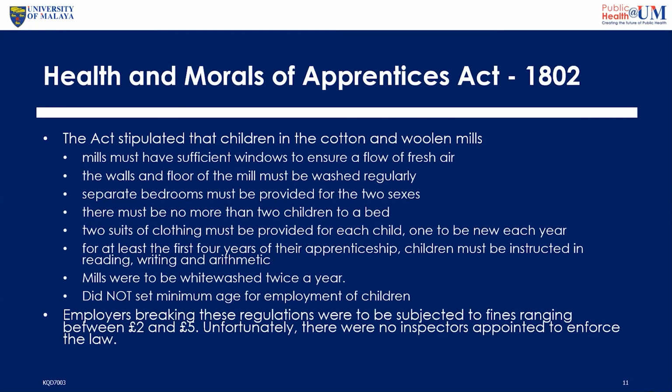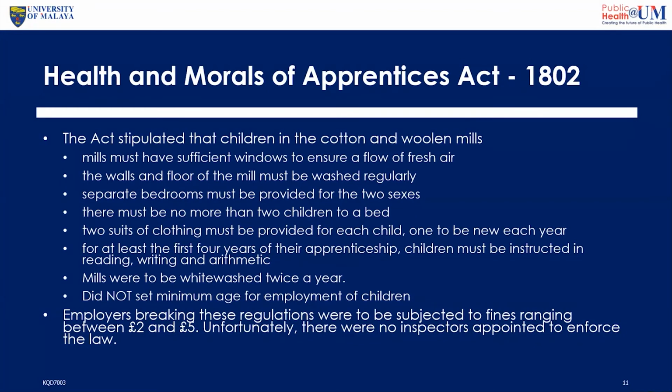The act stipulated that children in cotton or woolen mills must have sufficient windows to ensure a flow of fresh air. The walls and floors of the mills must be washed regularly. Separate bedrooms must be provided for the two sexes. There must be no more than 2 children to a bed. 2 suits of clothing must be provided for each child, one to be new each year.